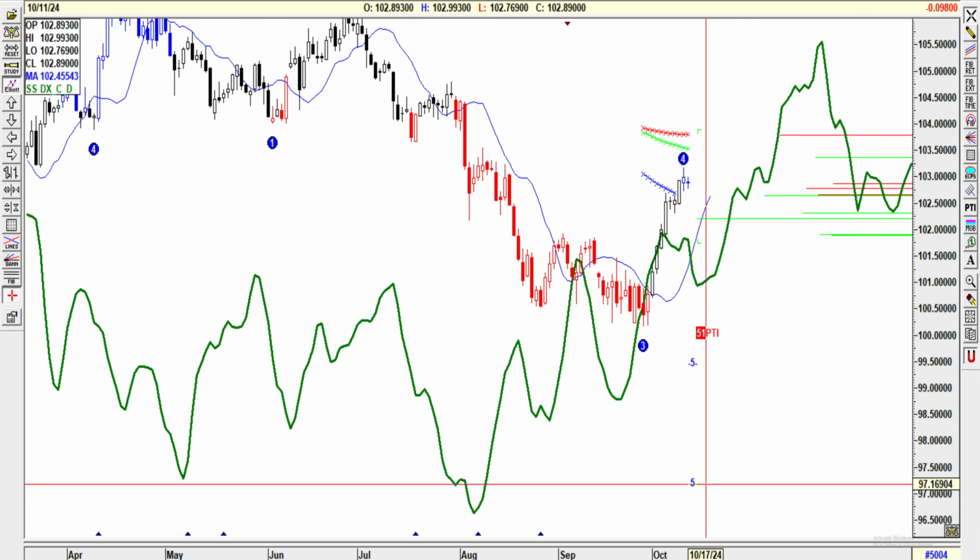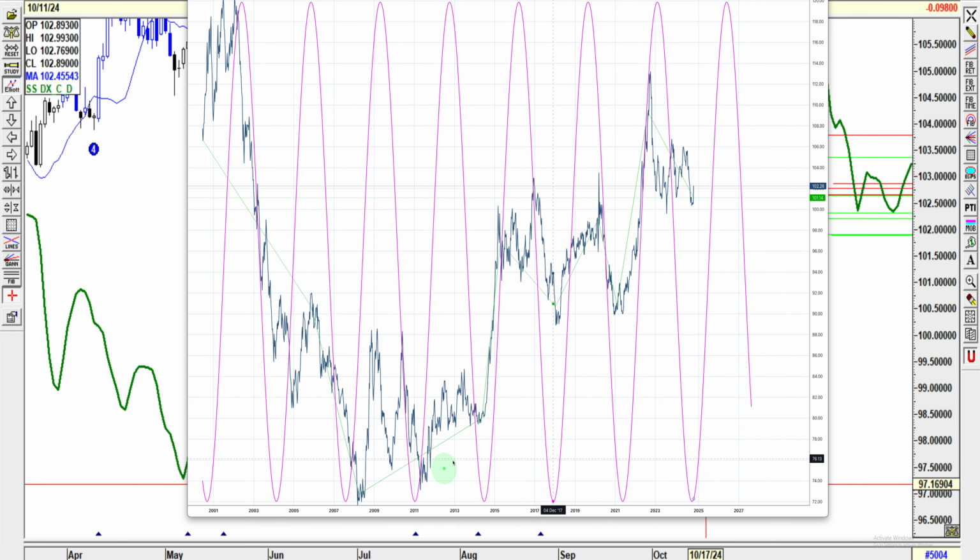Let's look at another example. 2017. Pullback. This one is probably not as extreme as these, going really way out of the cycle.